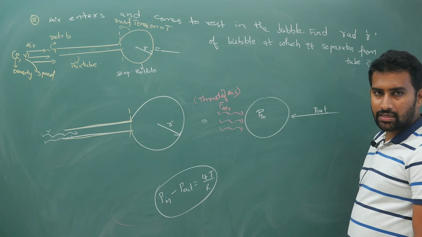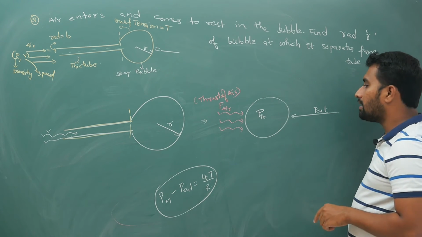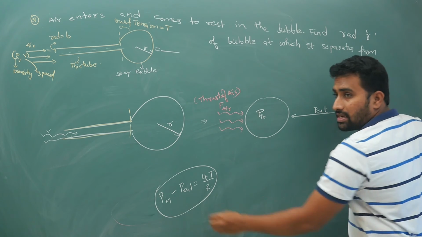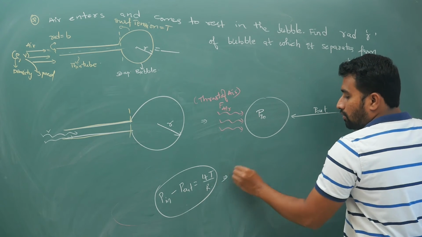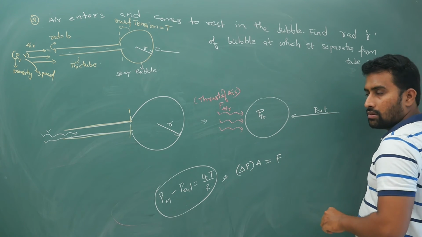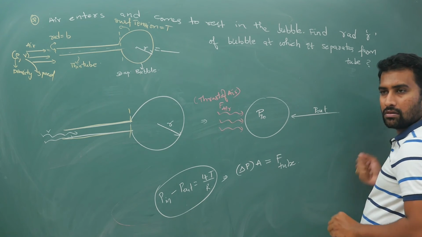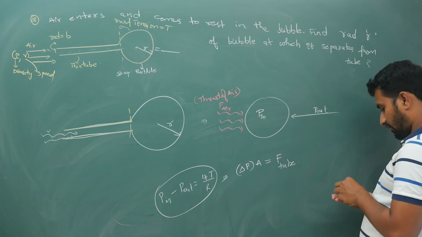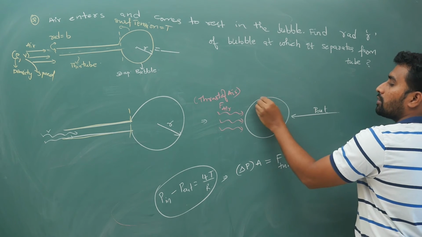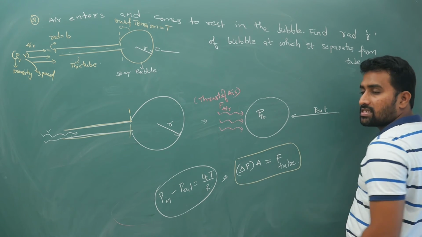The thrust of air will act towards the right, and the pressure difference into area is your force. Your force because of the tube will balance this force because of the pressure difference.